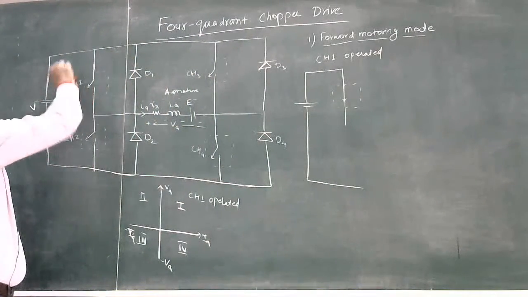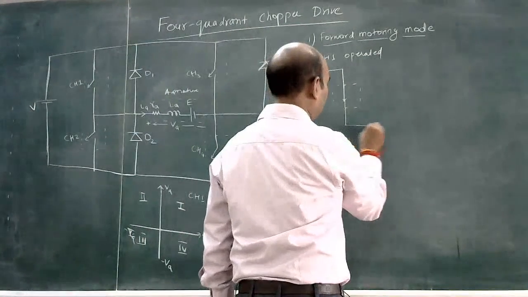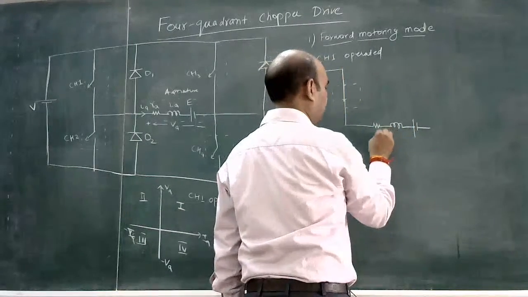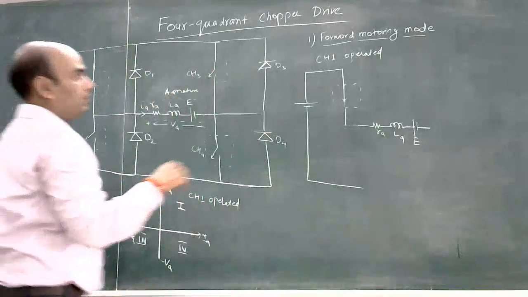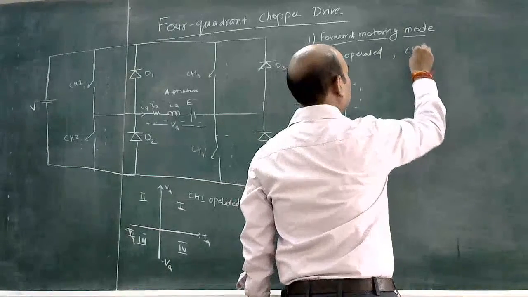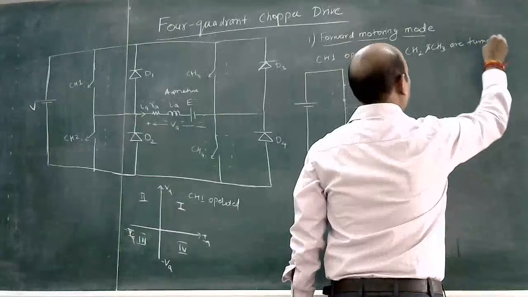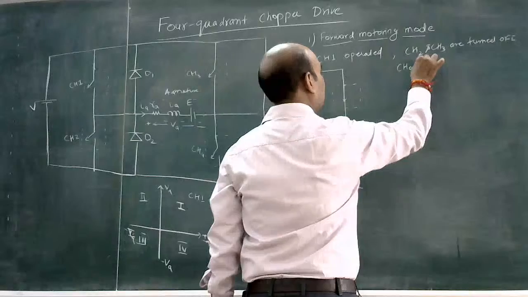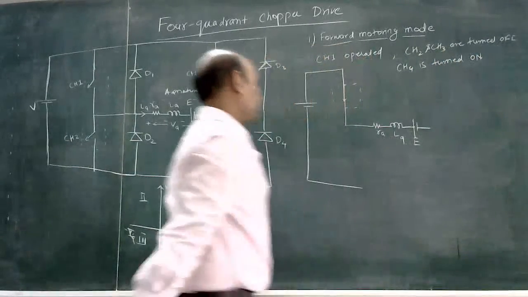Now this will connect the armature of the motor. Here CH2 and CH3 will be off, in off position, and CH4 is turned on.